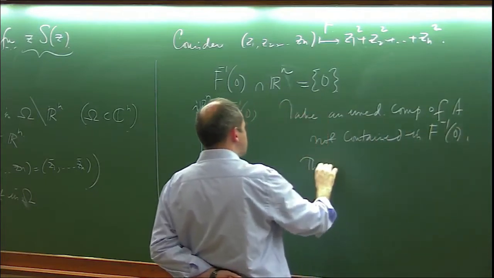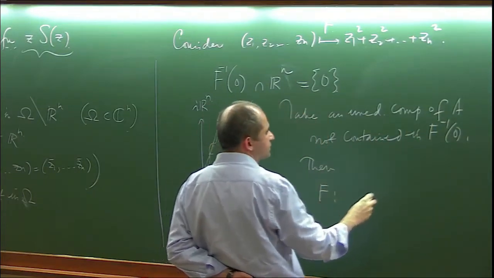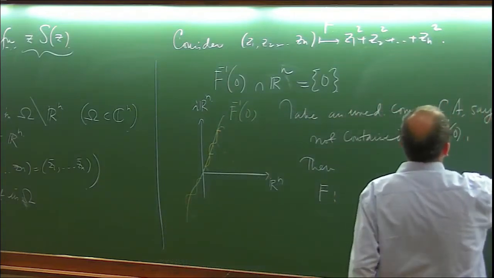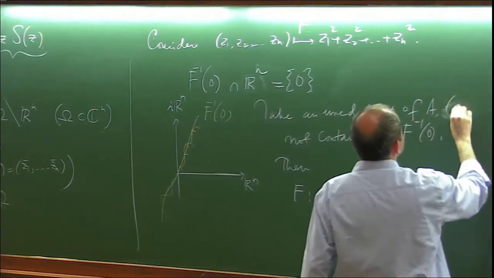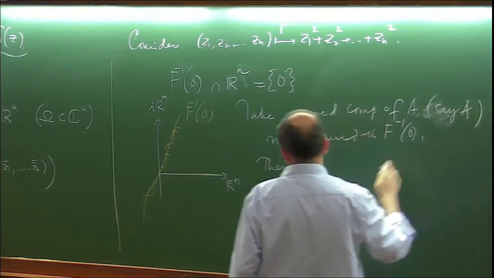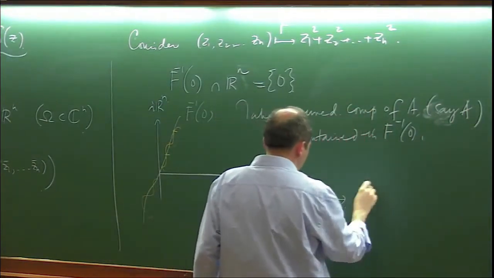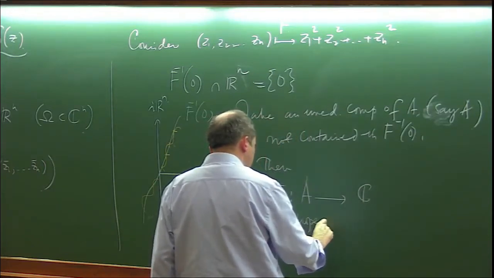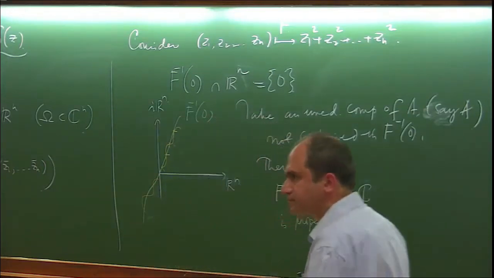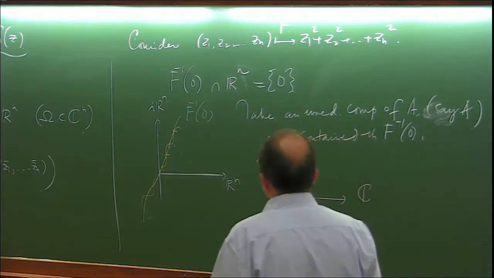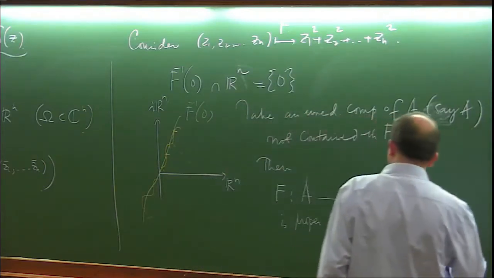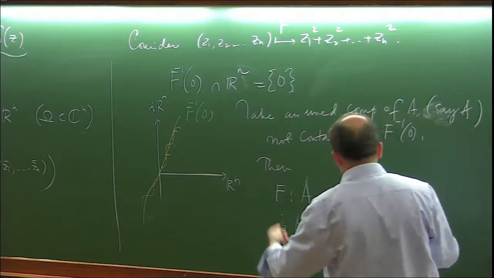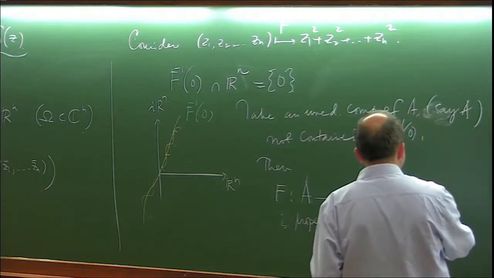Then F restricted to this component, I'll give it the same name, say A itself, is proper. So roughly that's the idea. Okay, and then the proof goes to claim the following. So let's draw some A now.